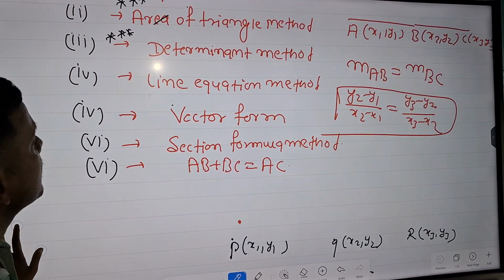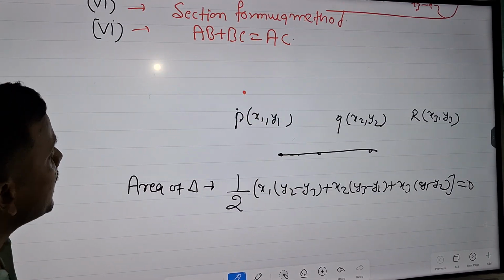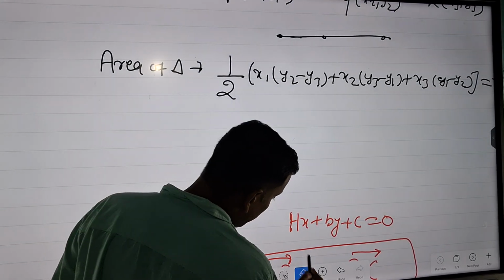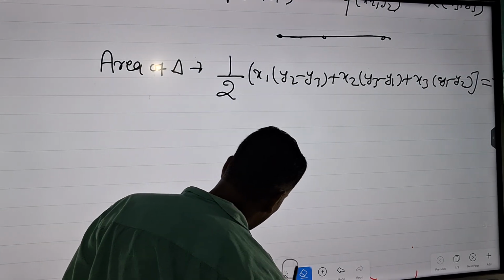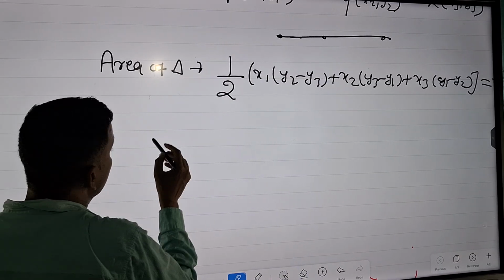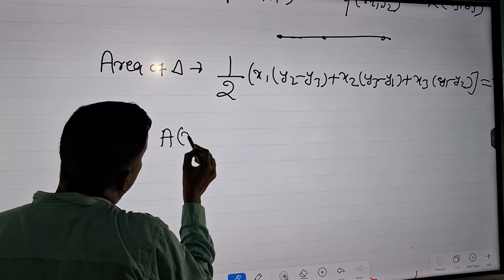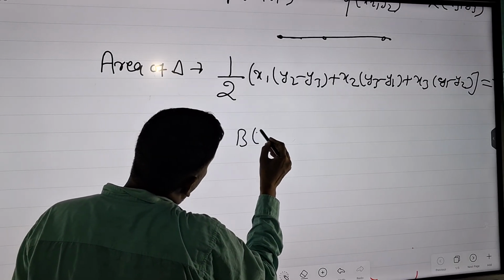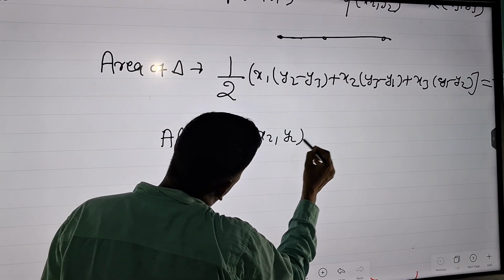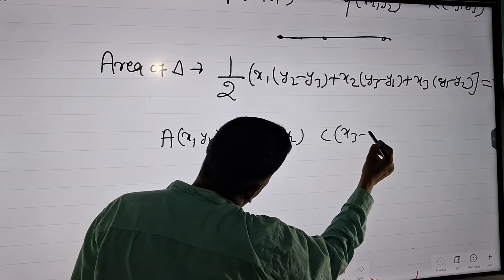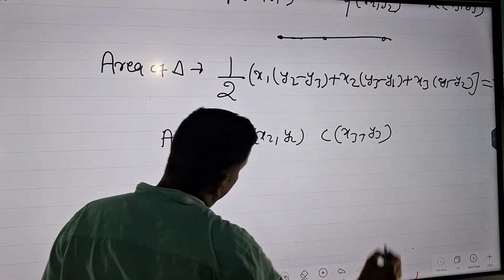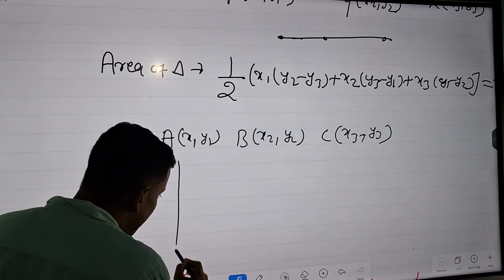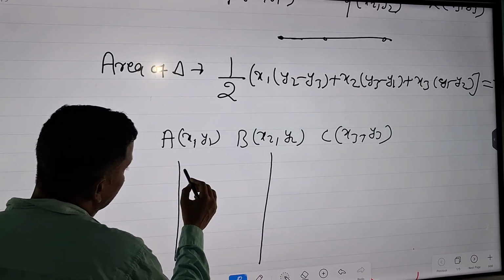Next concept is the determinant form. What is the determinant form? If you have 3 points, A x1, y1, B x2, y2, and C x3, y3, and you have to find the collinearity by the determinant method, how will you find it?